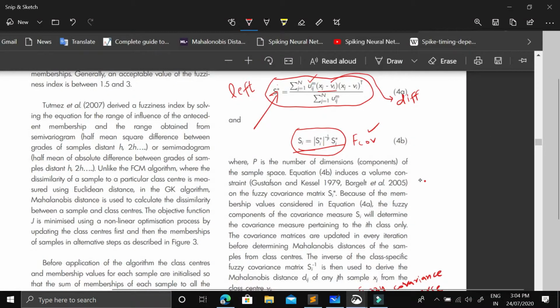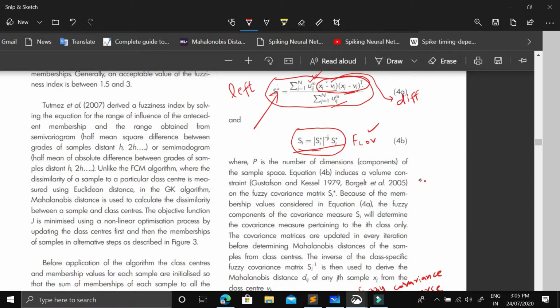This is a dot product of the difference with itself. So this is like x minus class centers multiplied by x minus class centers transpose. Then we multiply it with this fuzzy membership value and divide it by the fuzzy membership values. So we get the value of S star.